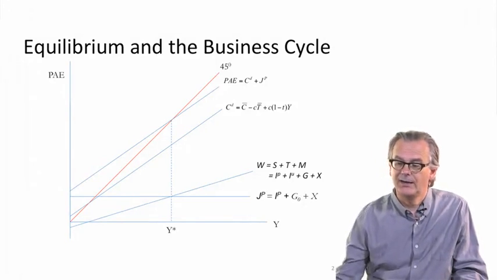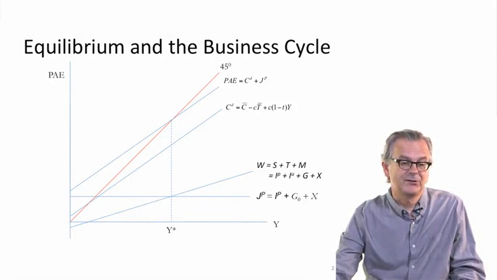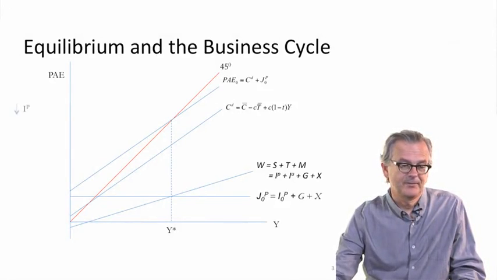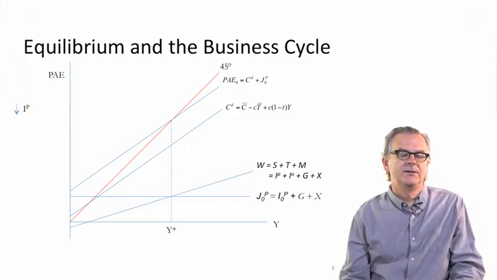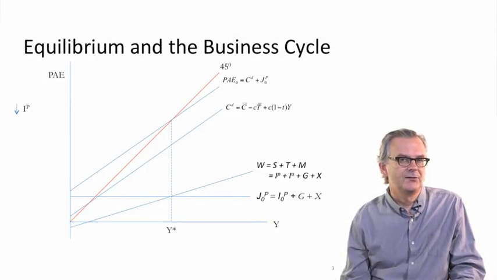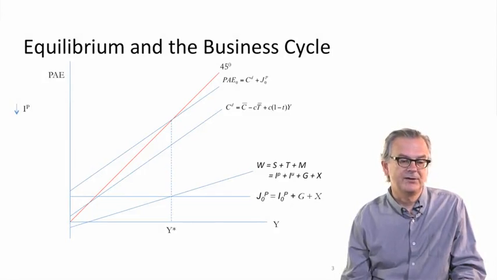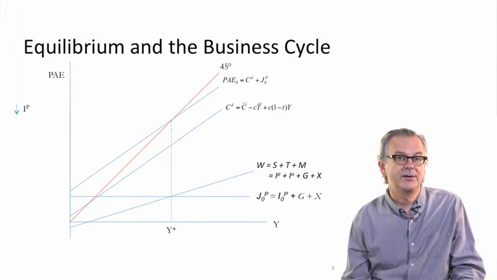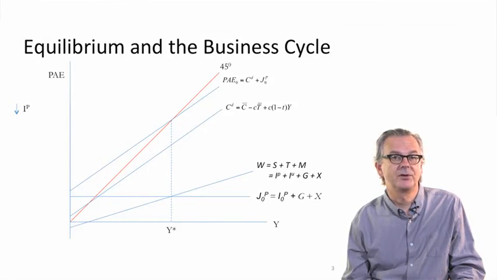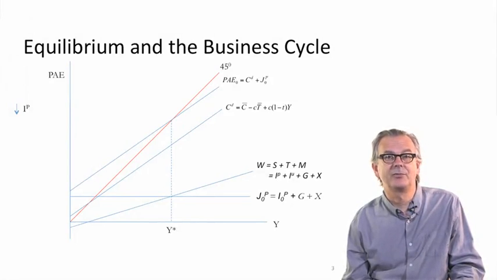So what would be an example of an exogenous change? Well, an example that Keynes in the General Theory emphasised a lot was the possibility of a revision to firms' planned investment. And Keynes thought this was pretty crucial to understanding the existence of output gaps.